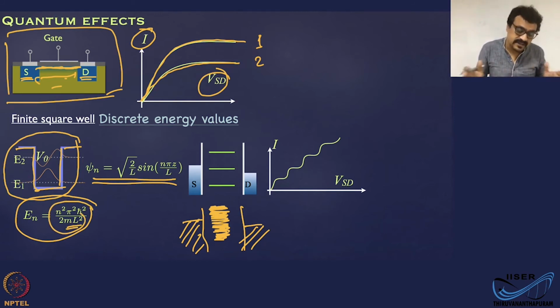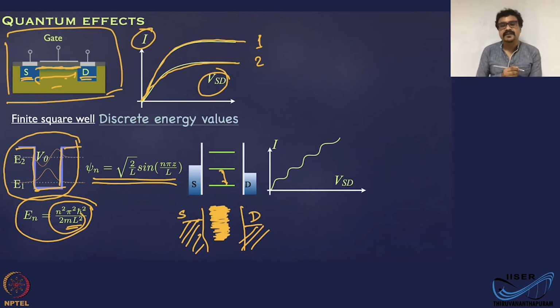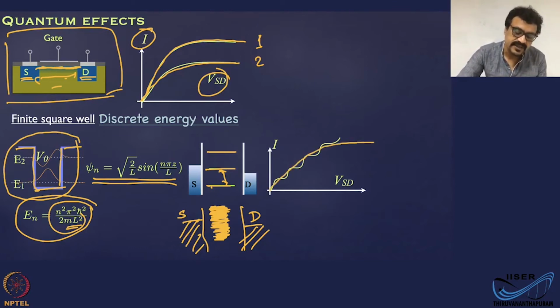So when you have a large L, the spacing between these levels reduces and you will eventually get a continuum of states. This is source, this is drain. Okay. But the moment you reduce the size, what you are going to get is a discrete number of states. And when you have a discrete number of states and you try to apply a voltage and measure the current, that is your IV here, you may not get something like this as you saw in the classical case.